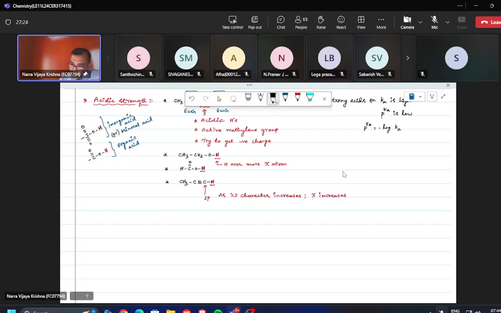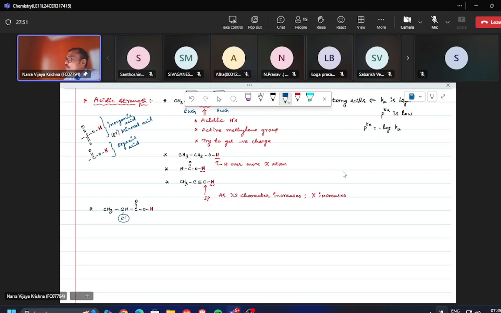Now, a very, very important statement. I have taken CH3, CH, chlorine, COOH. Is this hydrogen an acidic hydrogen or not? Correct. What type of group is chlorine? Electron withdrawing group.